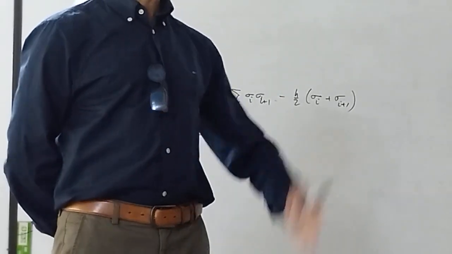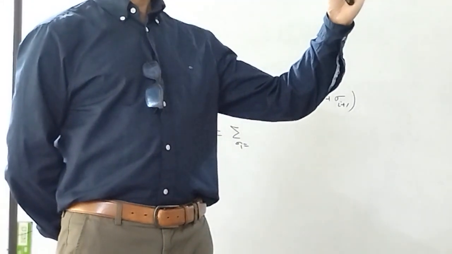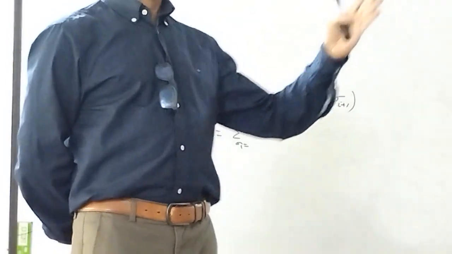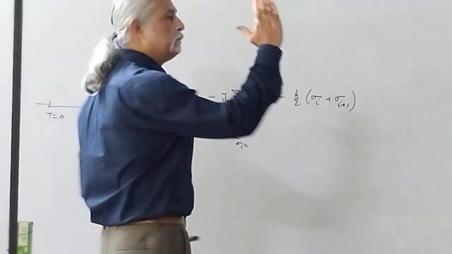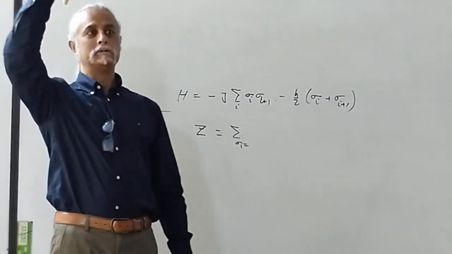Plus 1 or minus 1, and this is a super simplification, because the spin can orient in other directions as well, but you are assuming the spin can be up or down.